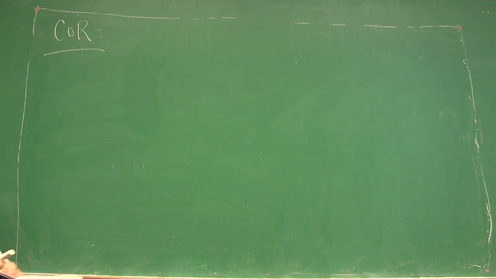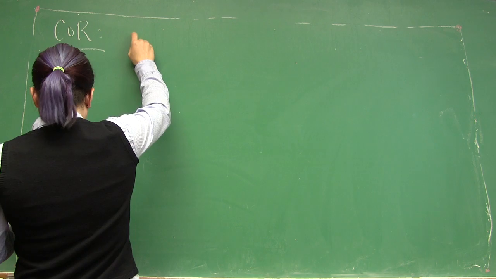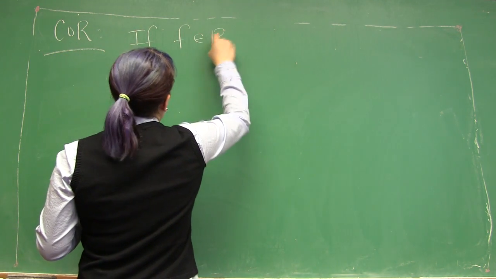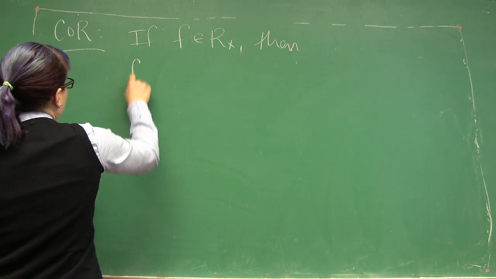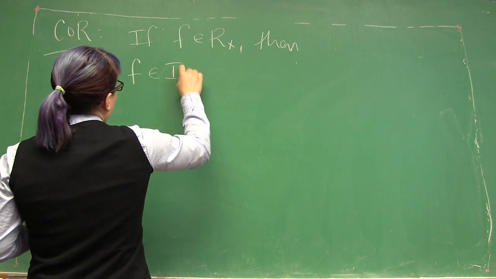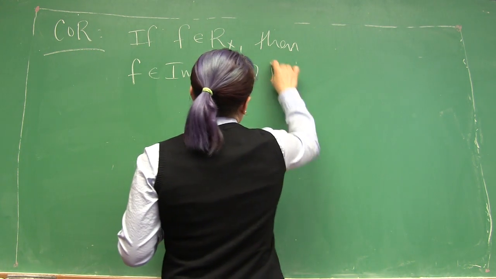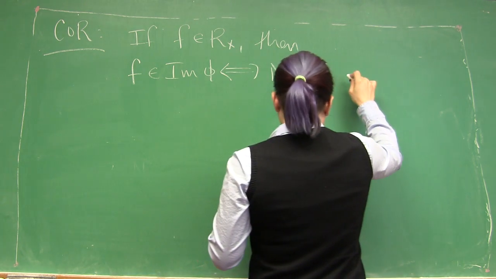So the corollary says that, keeping our previous notation, if f is in R[x], f is in the image of phi if and only if the normal form of f reduced by G is in R[y].